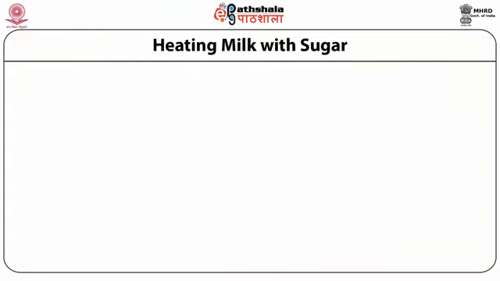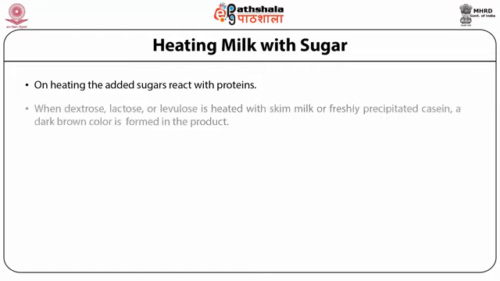Now we come to heating of milk with different substances. Most commonly, milk is heated with sugar. When milk is heated with sugar, it reacts with its protein. When dextrose, lactose, or levulose, that is our common sugar, milk sugar, or invert sugar, is heated with skim milk or freshly precipitated casein, a dark brown color is formed in the product.